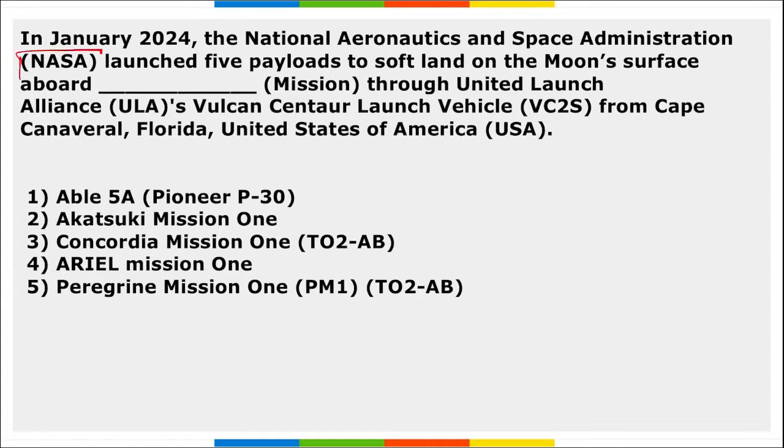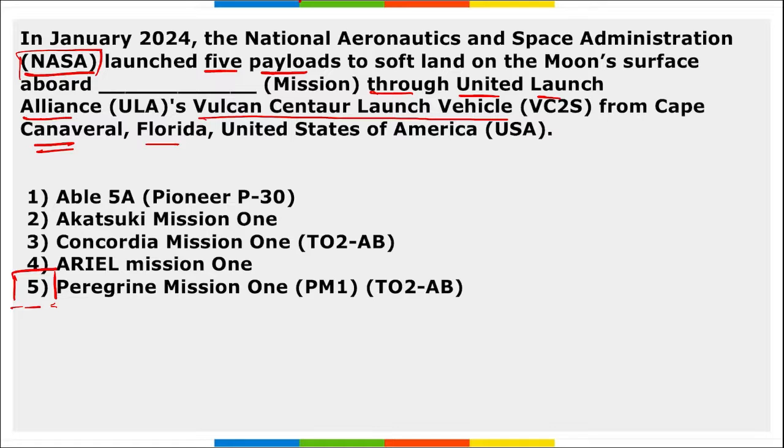Next is NASA. They have launched 5 payloads to soft land on moon's surface aboard Dash mission through United Launch Alliance Vulcan Centaur launch vehicle from Cape Canaveral, Florida, USA. So NASA, they have launched 5 payloads to soft land on the moon surface on their Peregrine Mission 1. Correct?